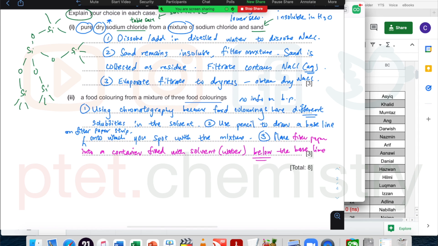That is your second point, right? So allow separation based on the different solubility, and then work out or calculate the RF value, retention factor. So from the starting point, the baseline, to where your solute is detected, divided by the distance from the baseline to the solvent front, something like that, okay?